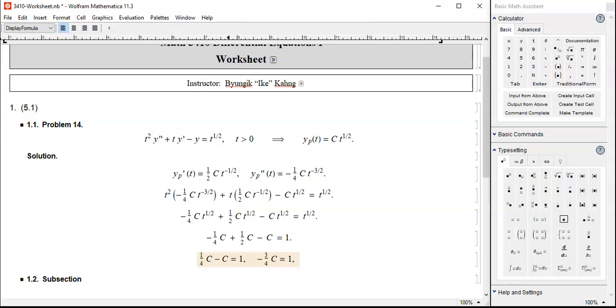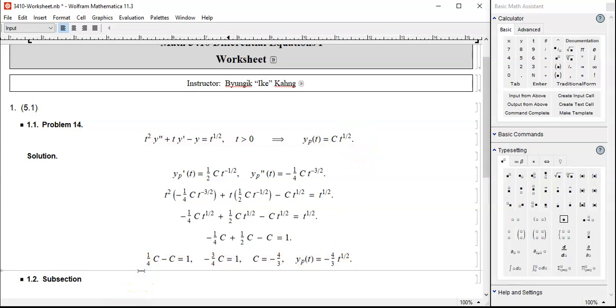Okay, so what do we have? C is equal to negative 4/3. Unless I made some mistake, looks like this is the answer. So what do you get? The particular solution y_p of t should be negative 4/3 times t to the 1/2 power. So we got it.